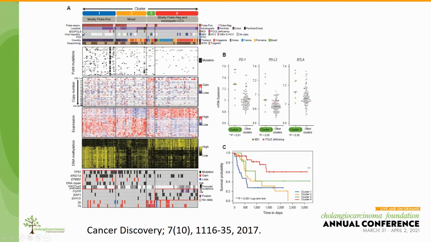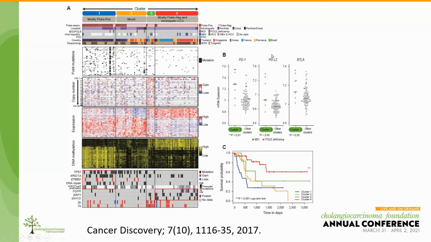We see differences in microsatellite instability, in association with hepatitis and PSC, in different countries of origin that oftentimes corresponds with fluke infestation. And if we look further down, very different clusters with respect to common genomic mutations, some of which are actionable. We all know about FGFR mutations and IDH1 mutations, and so these are dramatically important.